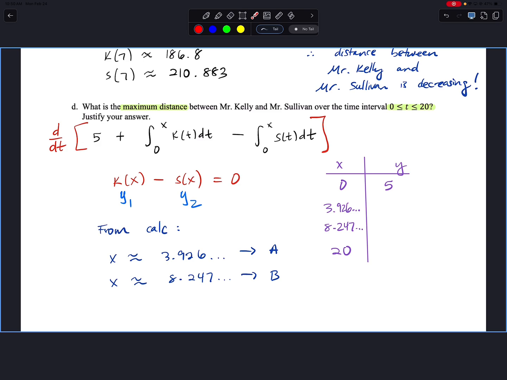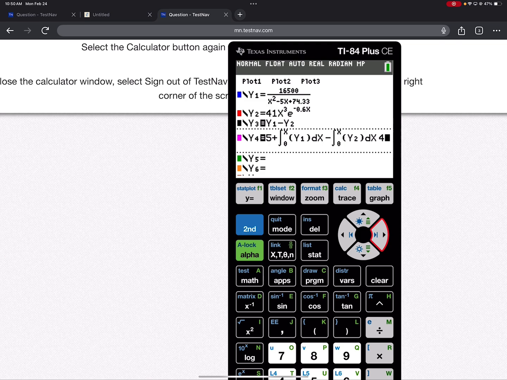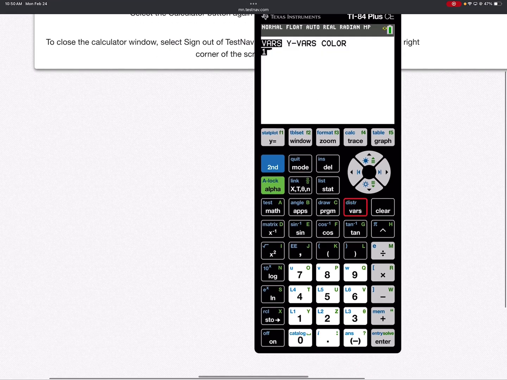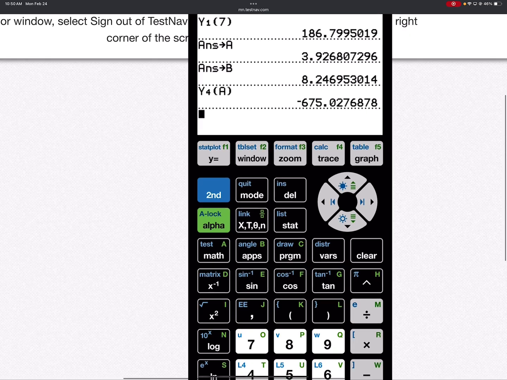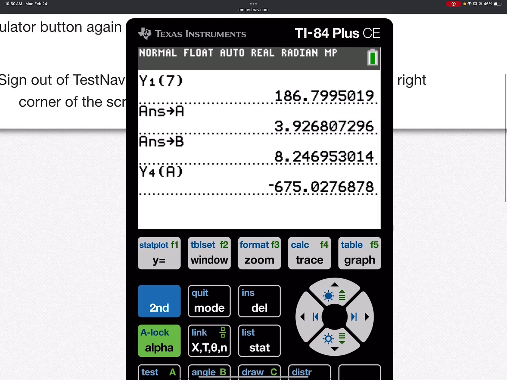Okay, how am I going to do the next part? What am I going to ask my calculator? Y4 of A. Ask your calculator what is Y4 of A, because your calculator knows that A is this crazy number. So functions, y4 of alpha A. And you should get that.